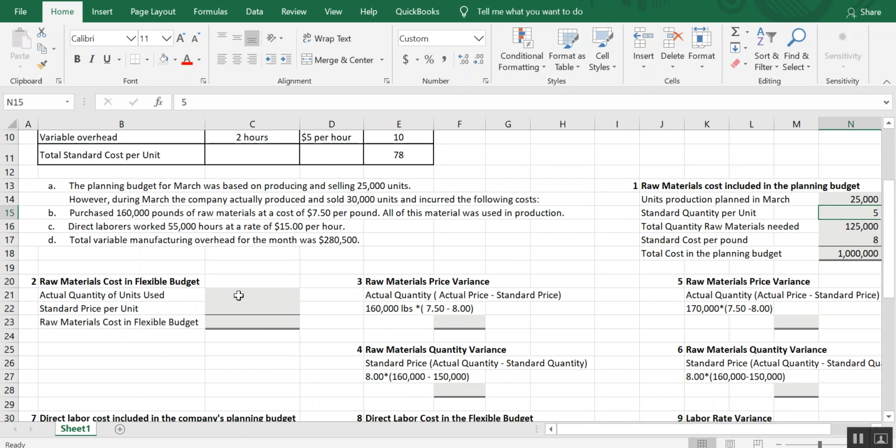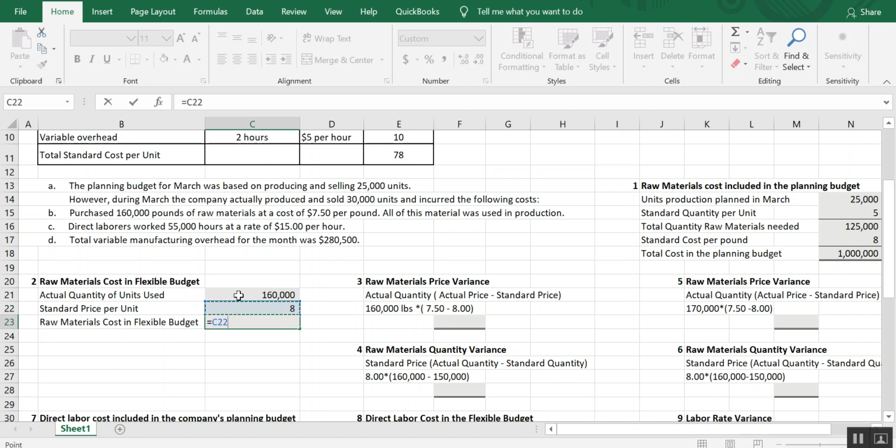So what is in the flexible budget? Well, instead of looking at the planning budget or planned usage, we're going to look at the actual quantity used. So we used 160,000 pounds, and we're going to use a standard price per pound, not what we actually paid, but a standard price of $8 per pound.